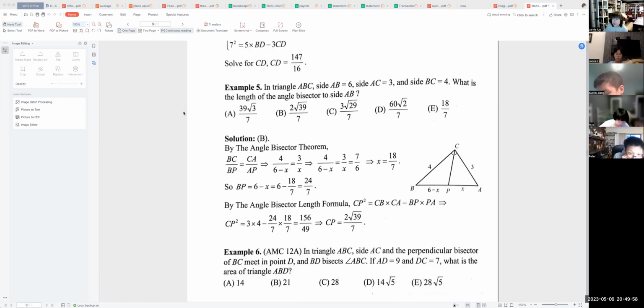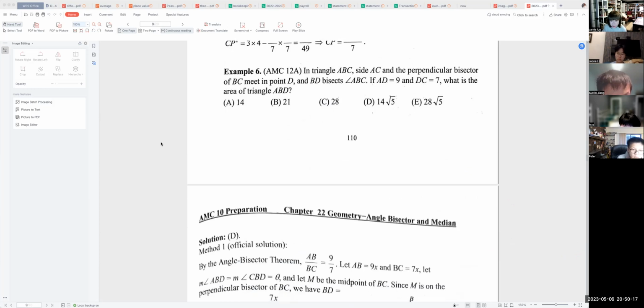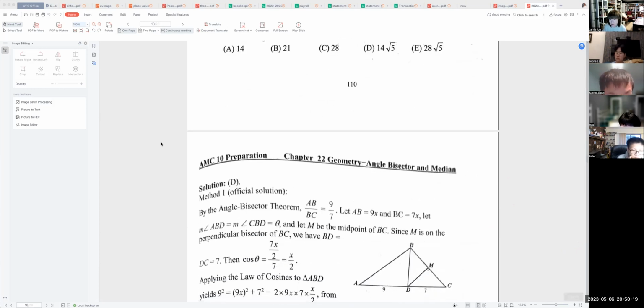So this is an AMC 12 question, okay? So in triangle ABC, side AC and the perpendicular bisector of BC meet at point D, and BD bisects angle ABC. If AD equals 9 and DC equals 7, what is the area of triangle ABD? And for this question, I'm going to show you the graph first, okay?